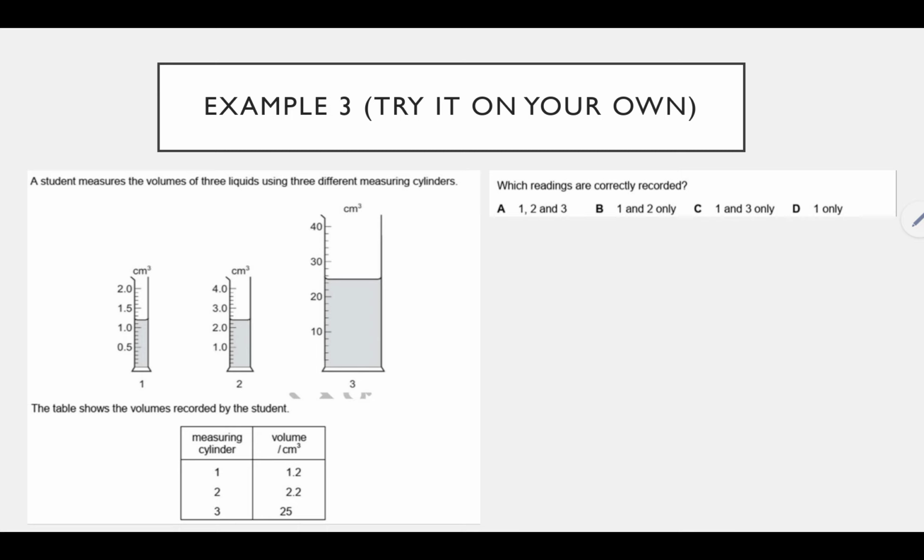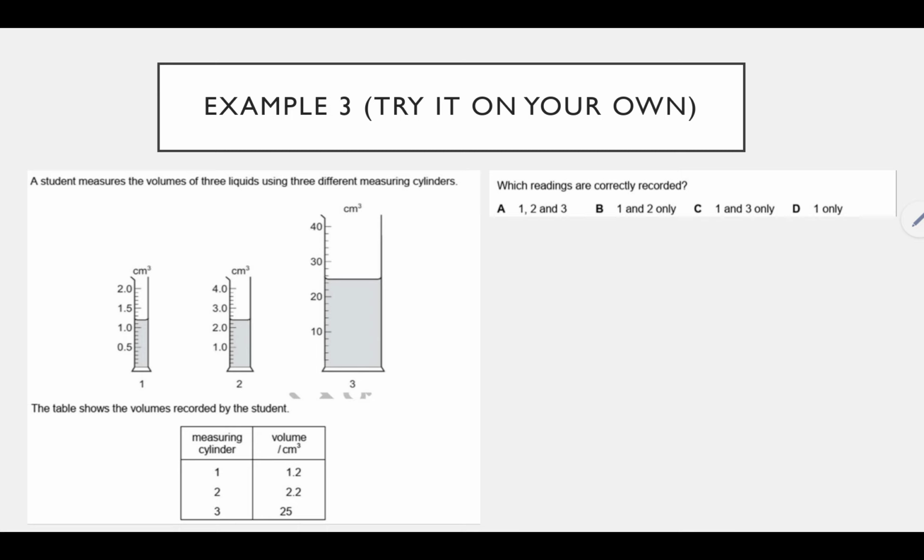Another example, a student measures the volume of 3 liquids using 3 different measuring cylinders. The table shows the volumes recorded by the student for cylinder 1, 2, and 3. Which readings are correctly recorded? Why is this important? Because in some measuring cylinders, you're going to find the difference or the values that are stated, as you can see in 1 and 2.